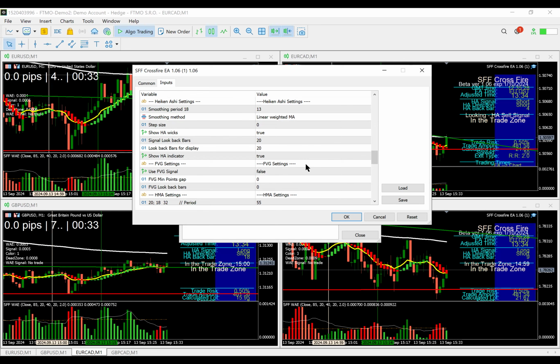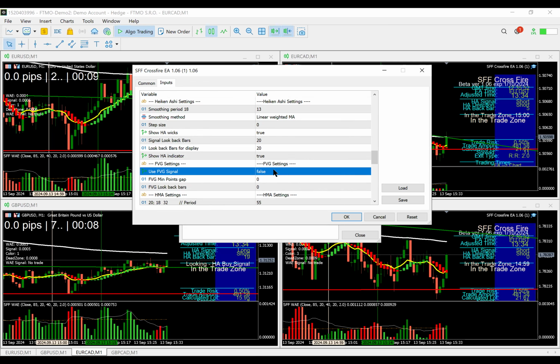The FVG, again, the Crossfire trading assistant doesn't take into account anything on the FVG settings. But I've noticed that you've got to change that to false. You can toggle it between true and false.